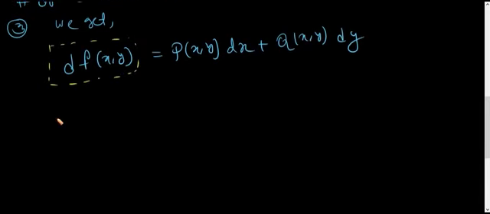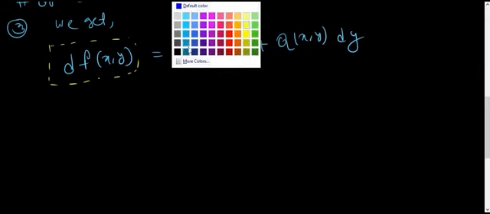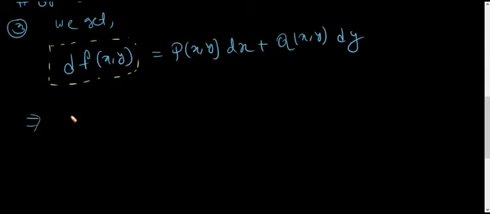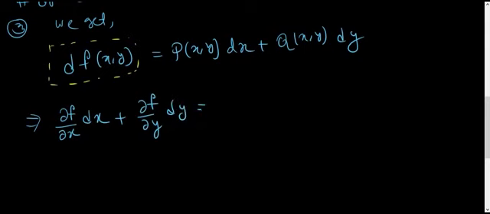So now what we do, we expand it in terms of the partial derivatives of it. So this will be ∂f/∂x dx plus ∂f/∂y dy, and now I'm not writing the x,y explicitly over here, it is understood from the context. Then you have p dx plus q dy.